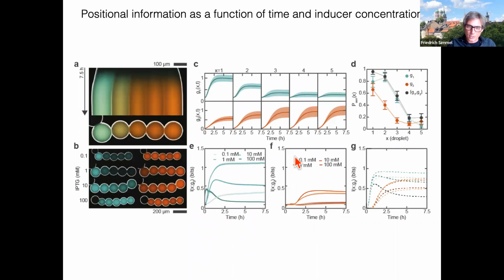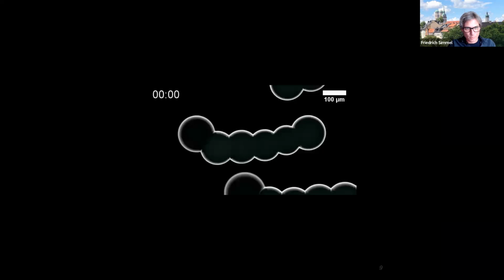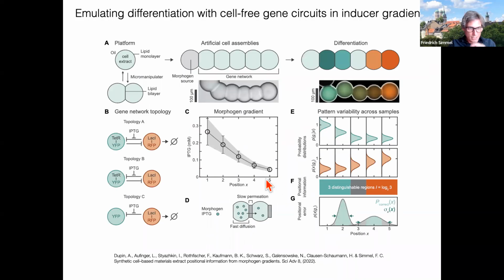One of the reasons why we have such low positional information, and also why there is not so much information in this red channel, is that, I'm sorry, I have to go back here, in the lifetime of our cell extract, we believe there is simply not enough time for this feedback loop to complete.